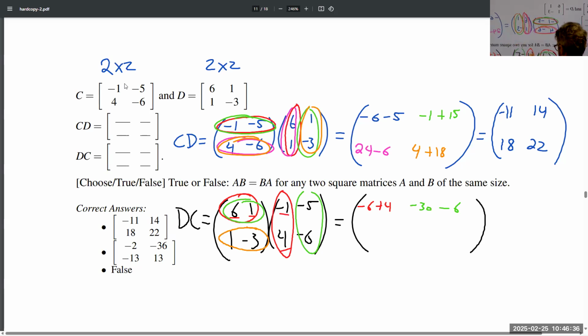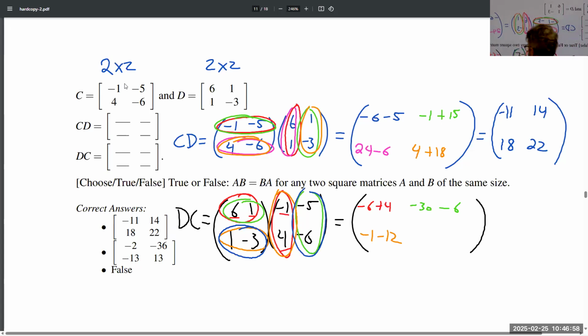Row by column. 1 times -1, -3 times 4 is 12, so we'll find that to be -13. Row by column.